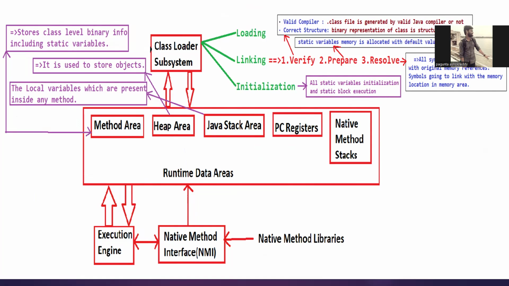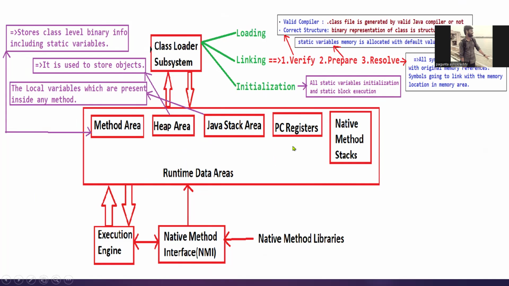It will definitely create the main thread. One main thread it will create. In this main thread, if you are calling methods, those many stack frames are created in the Java stack area. If a local variable is there, it will be stored in stack frames.